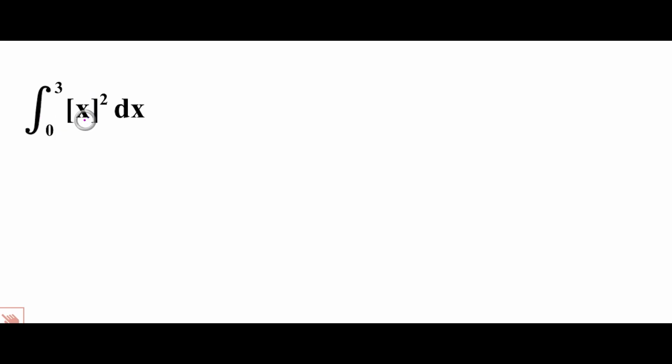Evaluate the integral of the floor of x squared dx from 0 to 3. Again, the floor of x is constant on each unit interval. On 0 to 1, the floor of x, for example, if x equals 0.5, the floor of 0.5 is 0, right?